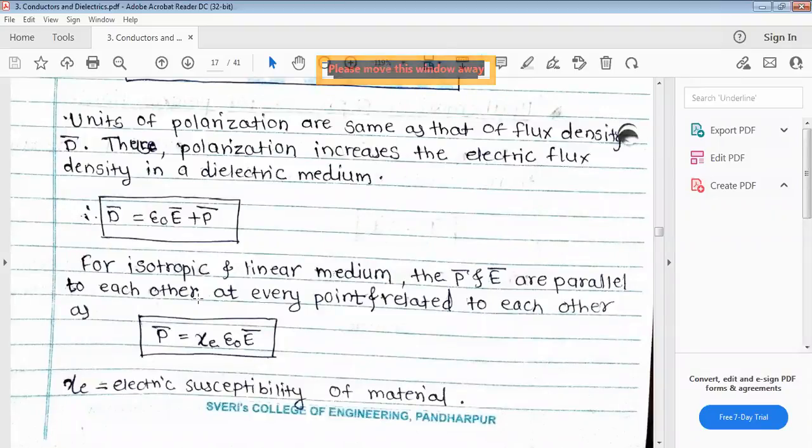When we are considering an isotropic material, isotropic means which type of material? Isotropic means that if we check the properties of that material from all sides, they are the same.